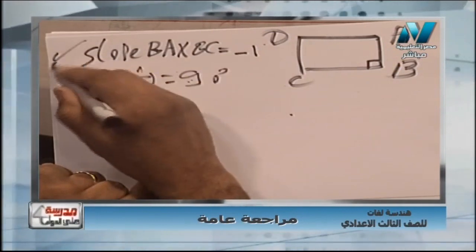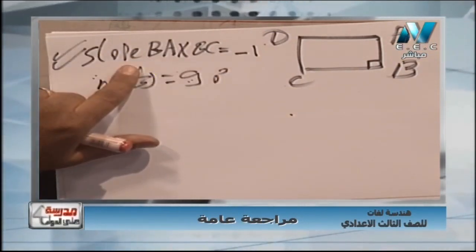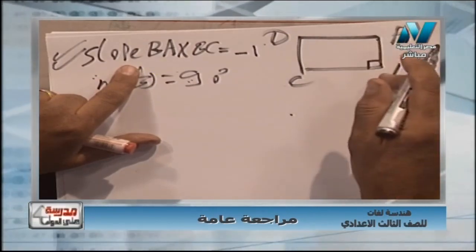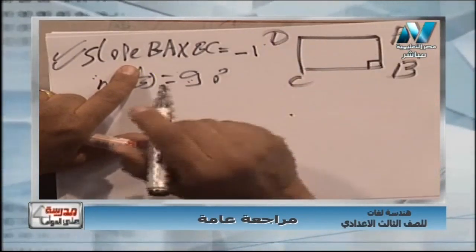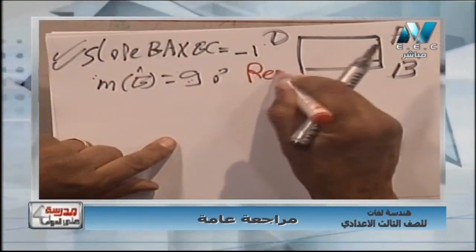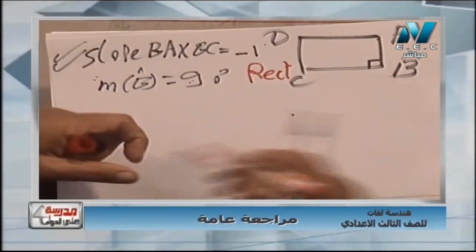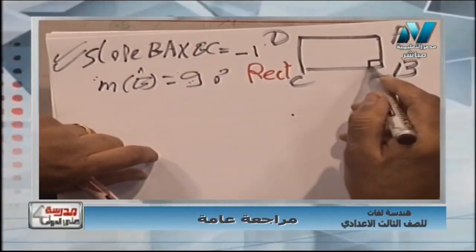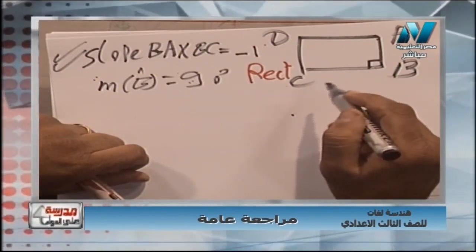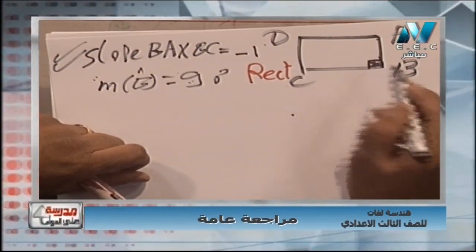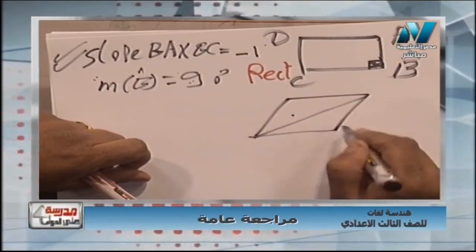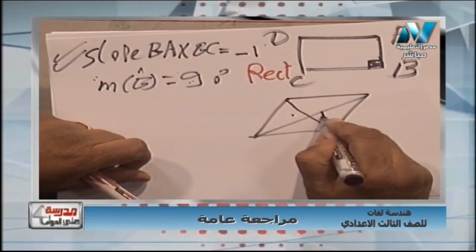If we get this condition of this equation by using slope of AB and BC or any other two adjacent sides, we can say this is rectangle. Of course, the right angle triangle is found in rectangle, if we have a right angle in rectangle in two adjacent sides, but diagonals perpendicular in rhombus, of course.